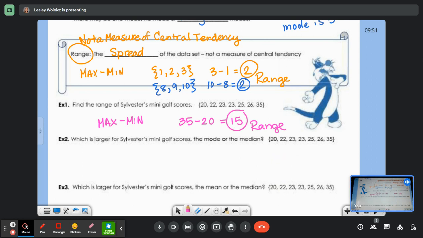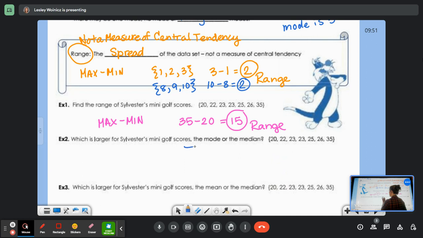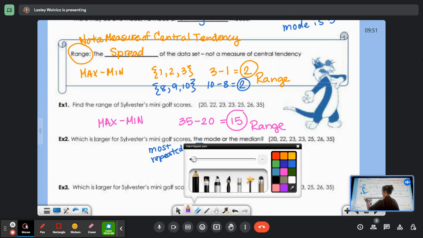So next we want to know which is larger for his golf scores, the mode or the median. Now the mode, remember, is the most repeated. And the median is our middle value.